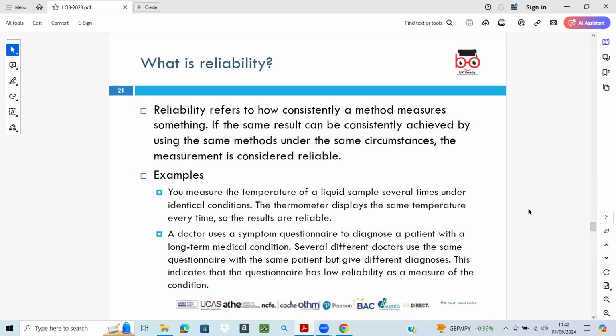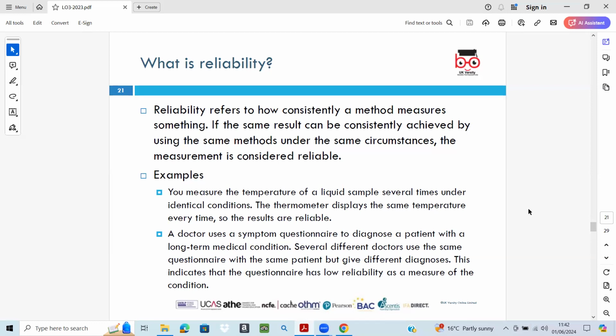Then the second example is related to a doctor who uses a symptom questionnaire. Imagine a doctor is using a symptom questionnaire to diagnose a patient with a long-term medical condition. Multiple doctors are asked to use the same questionnaire with the same patient to make a diagnosis.